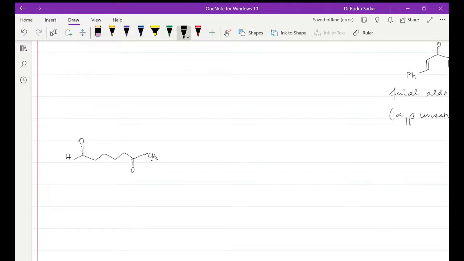Now, on reaction over here, the major product that is formed is actually this.